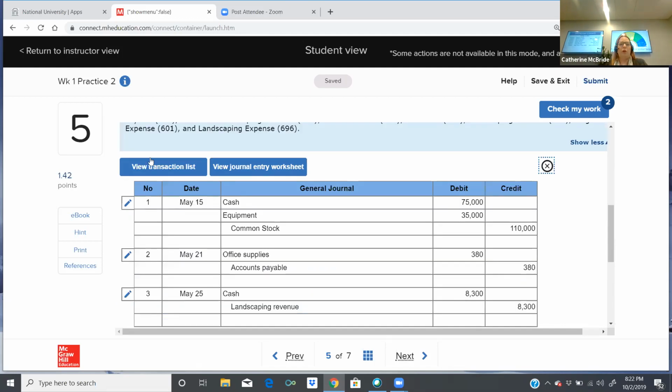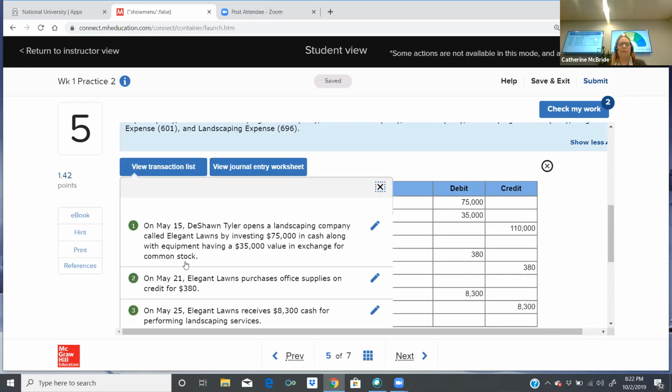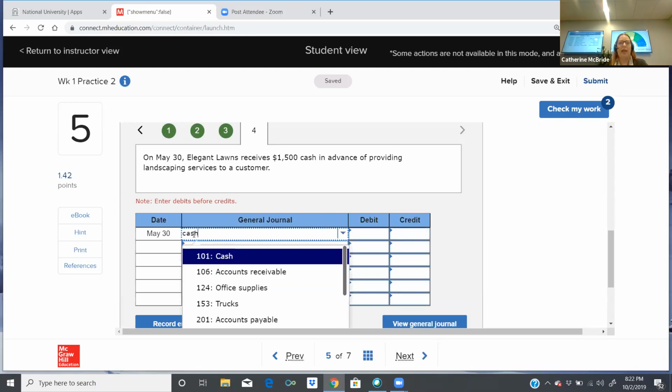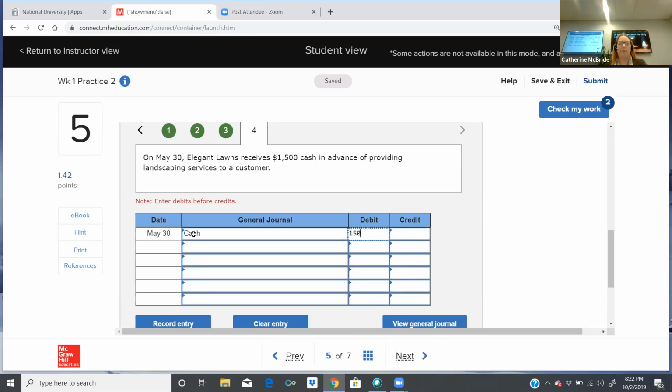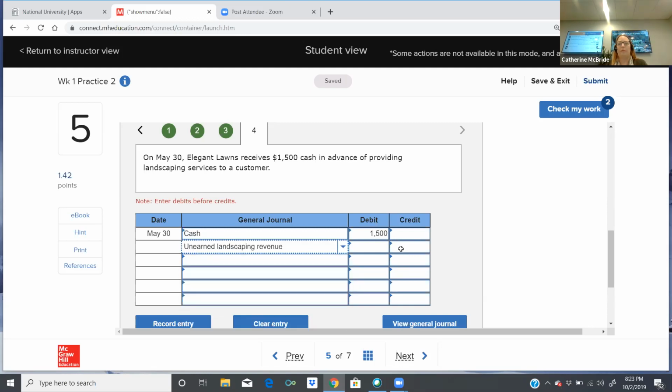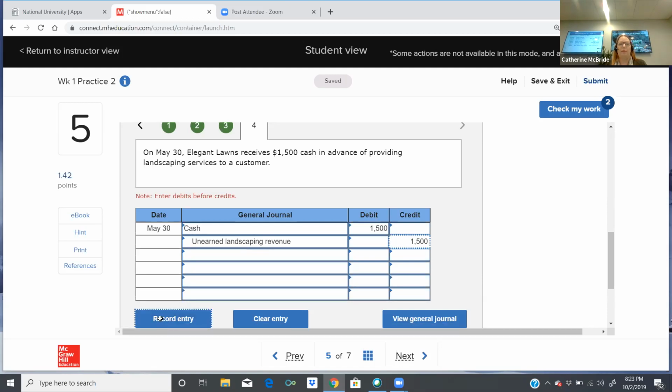For my general journal, we know that we increase cash $1,500, and we have unearned revenue, oopsie, for $1,500. I'm going to record the entry.